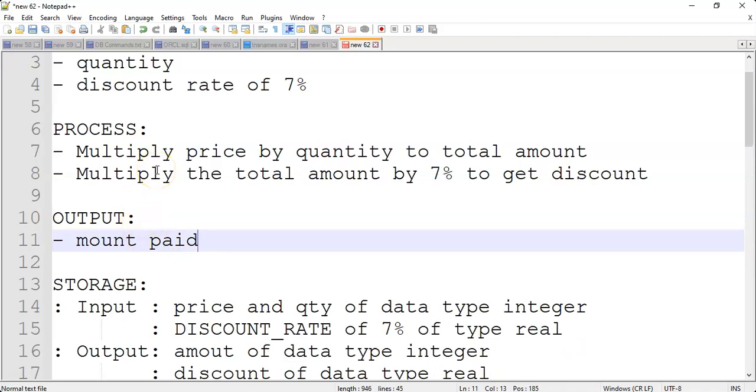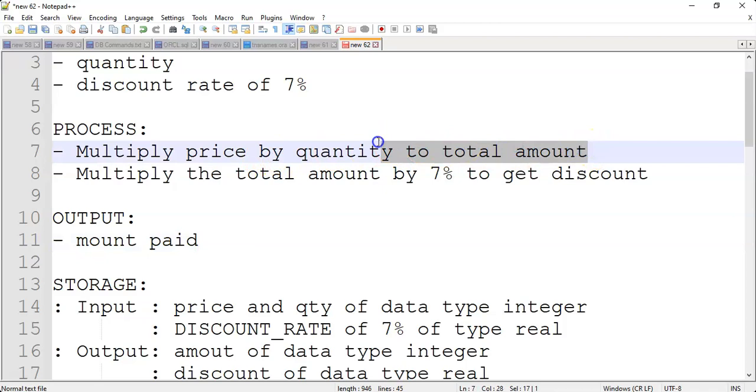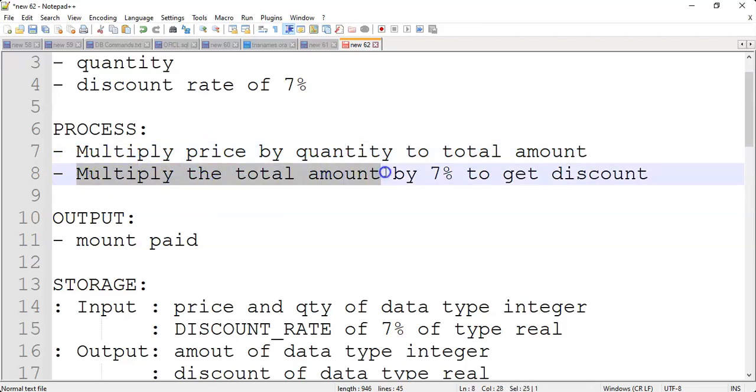Now, to get to this, on the process, we needed to multiply price and quantity as before to get amount. So this is to get total amount that we are supposed to pay. And after that, we are multiplying that total amount by 7% to get a discount. But we are not stopping there.